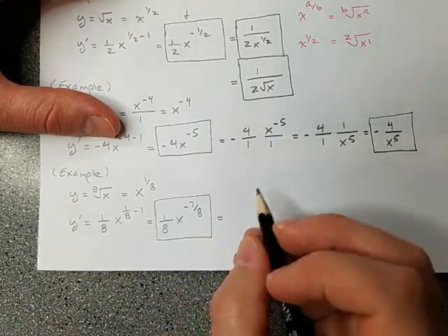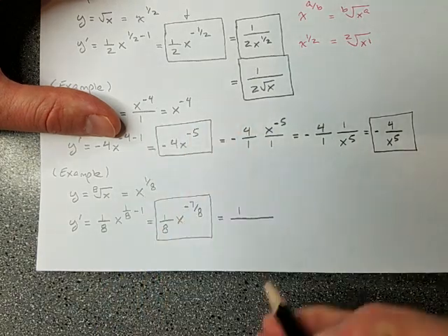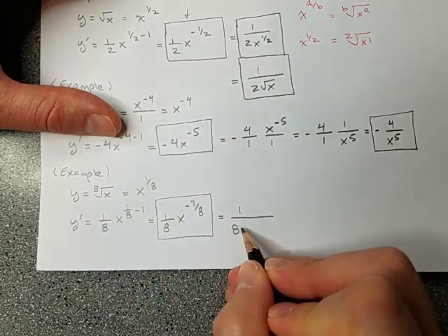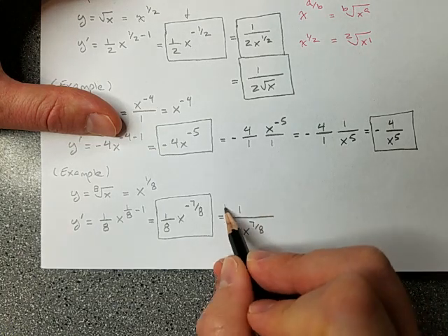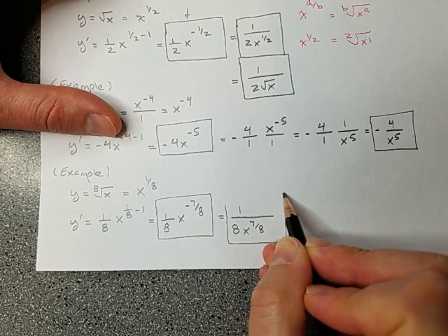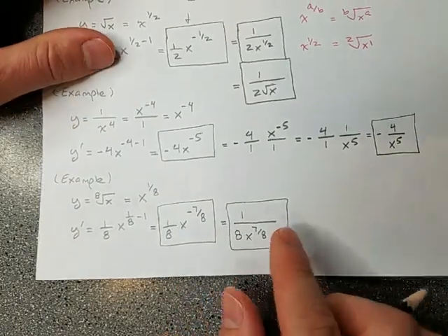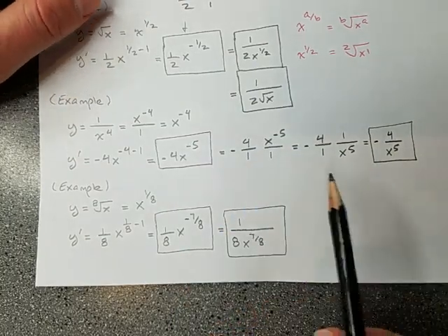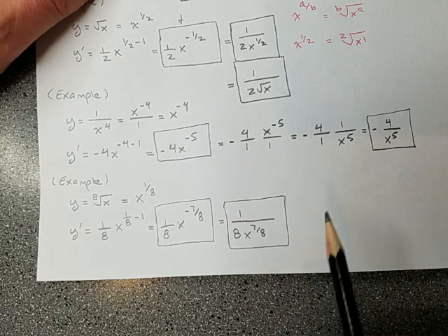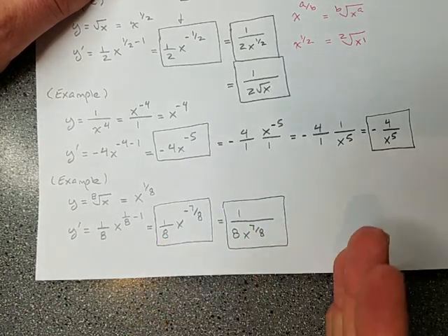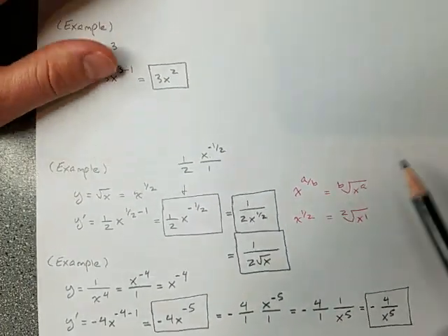Couldn't this, by the kind of reasoning I was giving up there, couldn't this be negative 1 over 8 times x to the power 7 over 8, if I were to write this without a negative exponent? Same reasoning I've used when I've dealt with the negative exponents in the other problems. One more thing though, I need you to be familiar with all these forms. 7 over 8 power. See this right here?